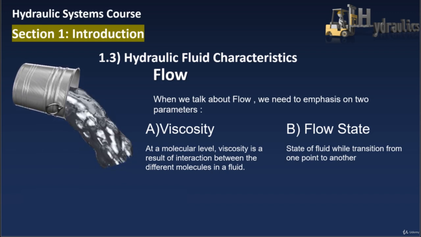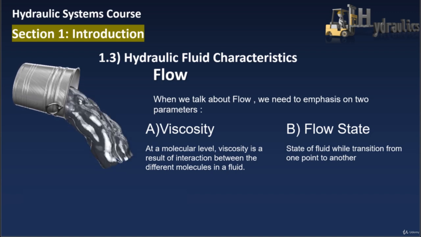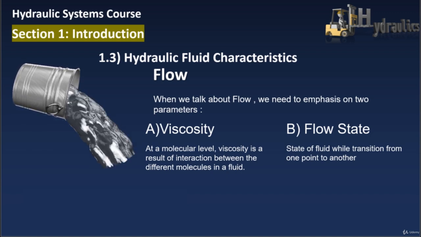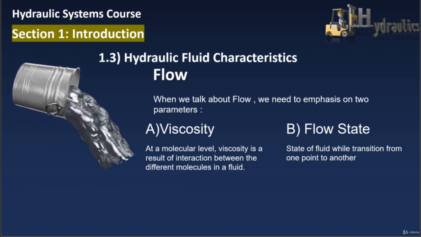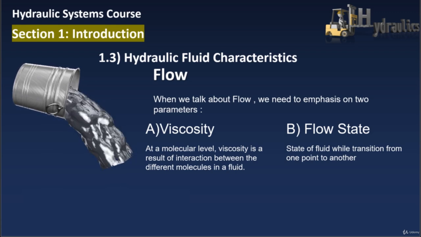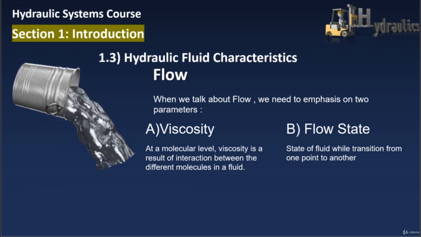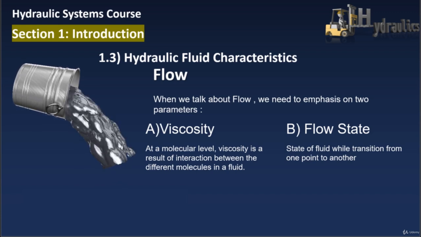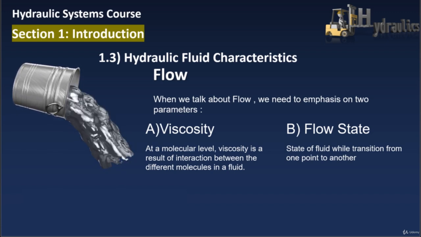This can also be understood as friction between these molecules, like, for example, the friction between moving solids, which you can see easily. So viscosity will determine the energy required to make a fluid flow. The flow state describes the state of the fluid while transitioning from one point to another.